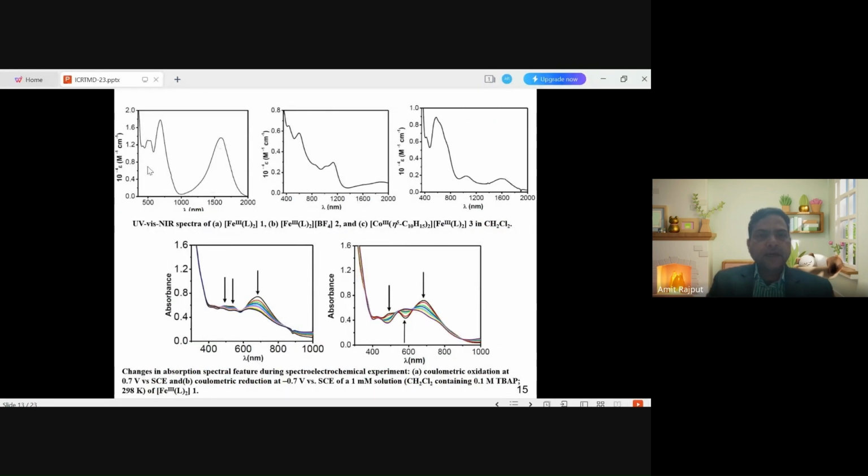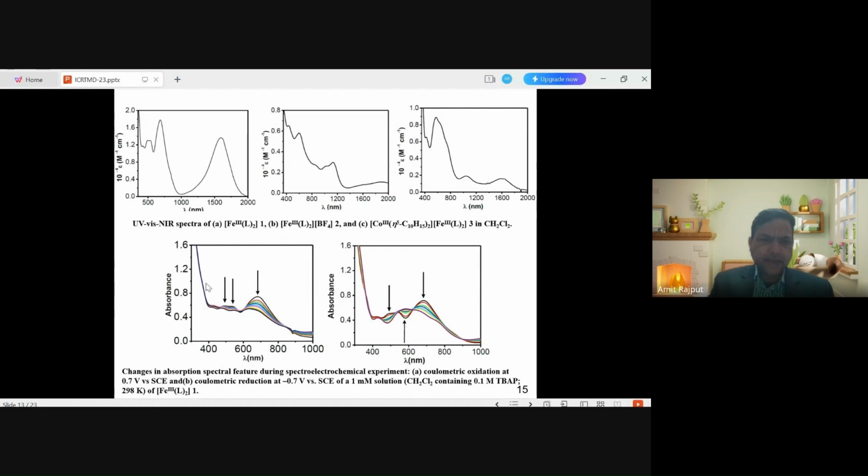Now these are the UV-visible absorption spectra for the parent complex, the one electron oxidized species, and the one electron reduced species. All these peaks are due to charge transfer. And here is the spectroelectrochemistry.